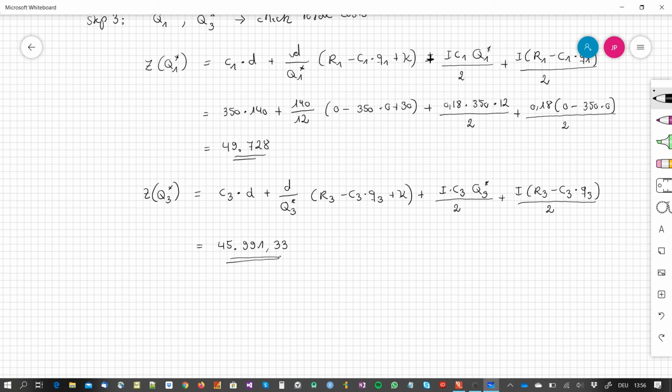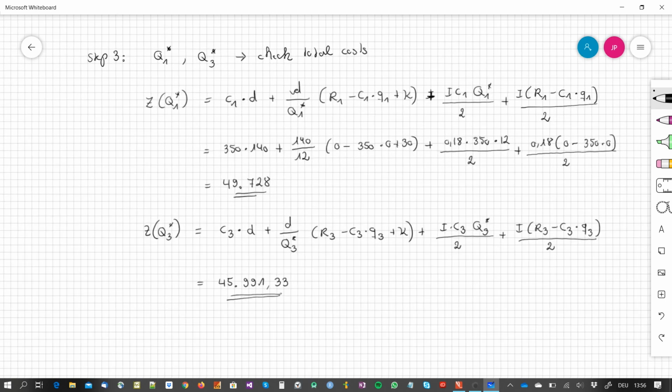So here we have now these two costs for our two feasible optimal order quantities. And of course we take the one with the least costs, and this is for the 50 units.